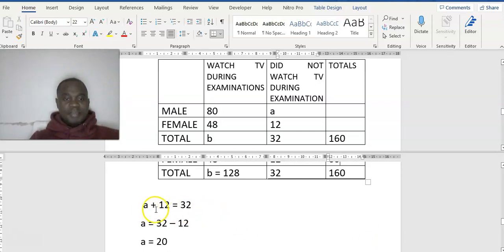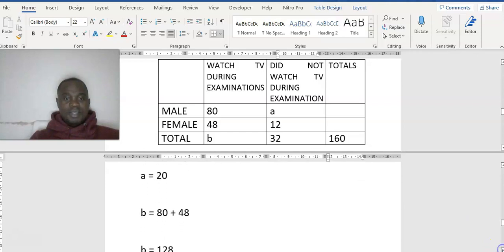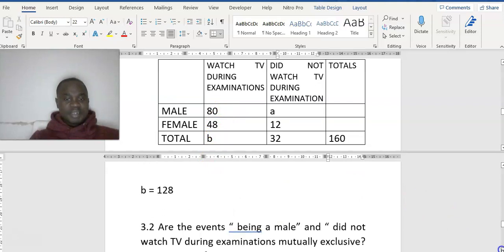Remember, A plus 12. A plus 12 is what? 32. So 32 minus 12 gives us 20. So A is 20. Then our B, 80 plus 48, which gives us 128. We are done with that question.